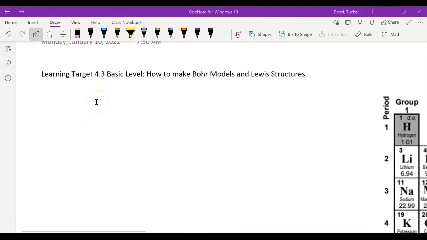So let's get to it. How to make a Bohr model? Well, there are a few things that you have to be able to know how to do.